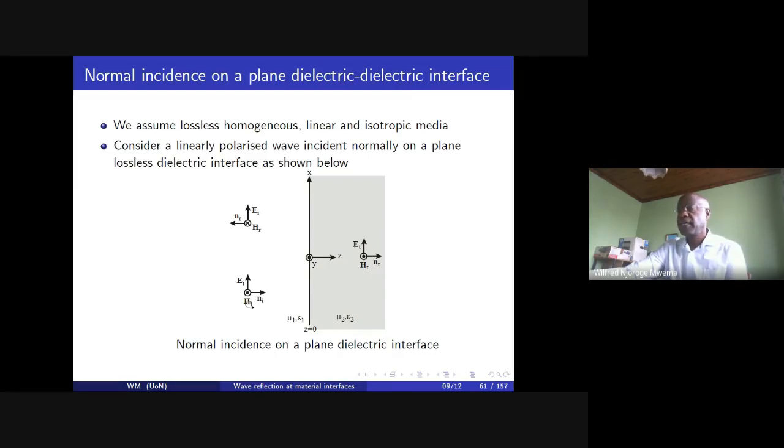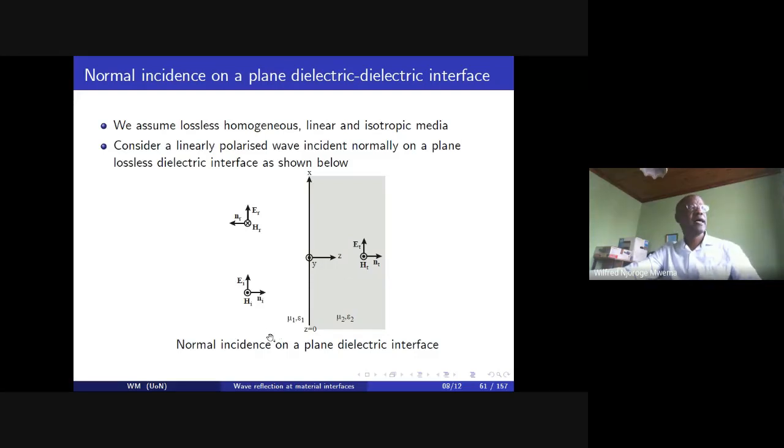And HI is polarized in the y direction, and therefore NI is our direction, the incident direction of propagation, and NR is the direction of propagation of the reflected wave. And we see that we expect as well a transmitted wave that will not change from that of the EI. They'll have almost the same kind of direction with the quantities as shown in the diagram.